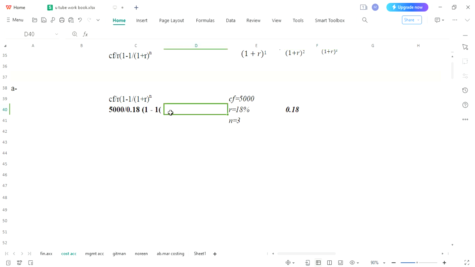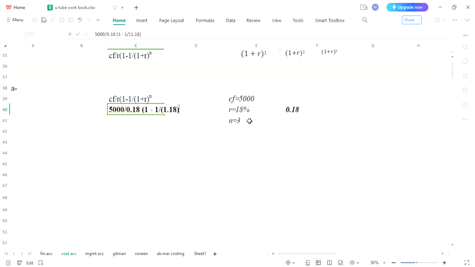So come back to our formula. We have 1 minus 1 divided by, bracket start, and you need to add 1 plus R. 1 plus 0.18 would be 1.18, and then you have to write the number of years.